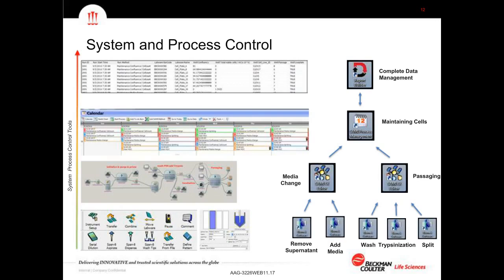SAMI would then bring those components together into that one media exchange method and allow you to run that for multiple iterations. SAMI process management, going one level above that, would allow you to tie that media exchange method in together with maybe your passaging method and other methods as part of your entire process. And in the background, DART is then handling all the data that goes with that and allowing you to report on that.